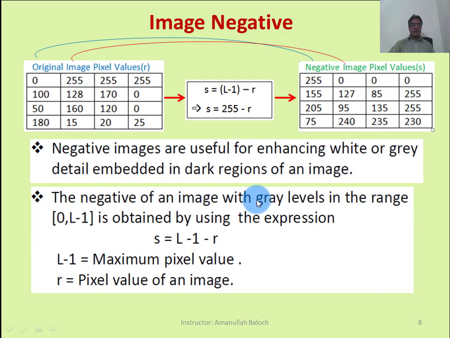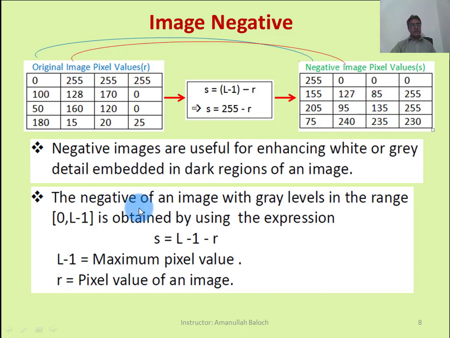The negative of an image with gray levels in the range 0 to L-1. In this negative image, we will also have gray values from 0 to 255, with no values less than 0 or greater than 255.